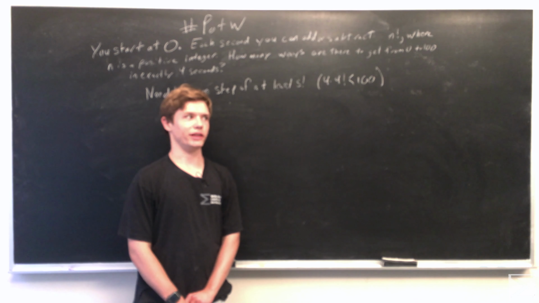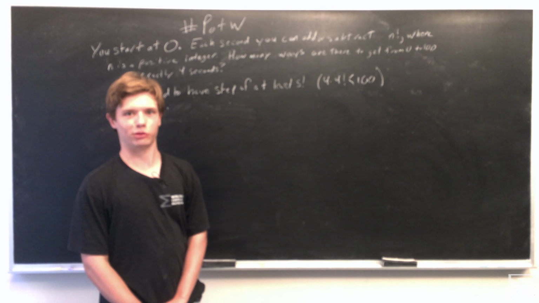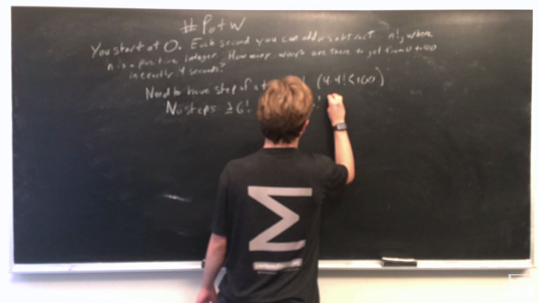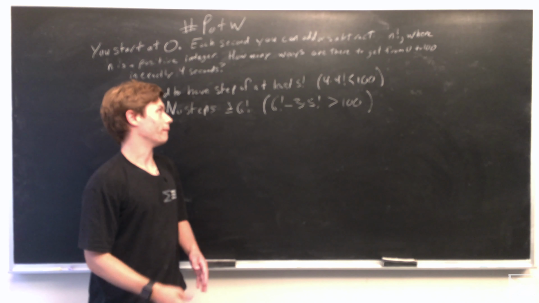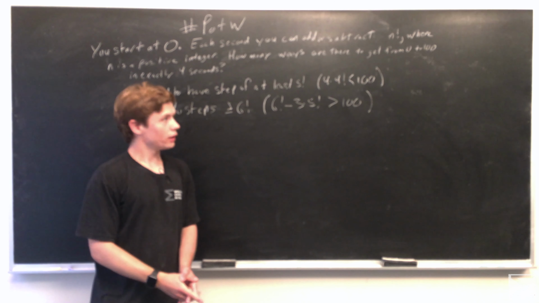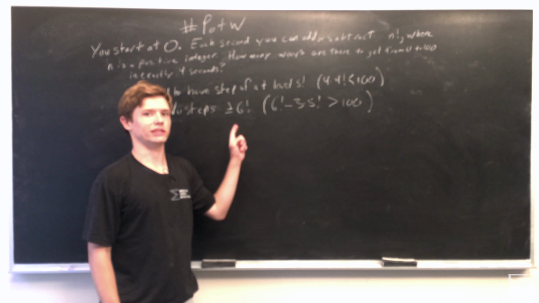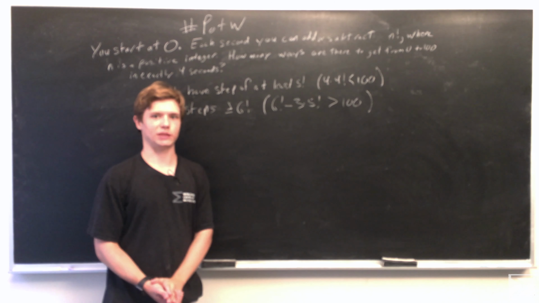So we can't have any steps greater than or equal to 6 factorial. Given that we have to have a step greater than or equal to 5 factorial and less than 6 factorial, we can say that one of the steps has to be 5 factorial.